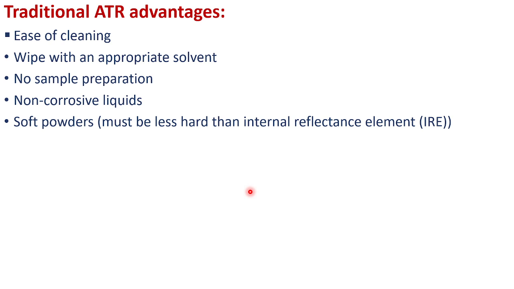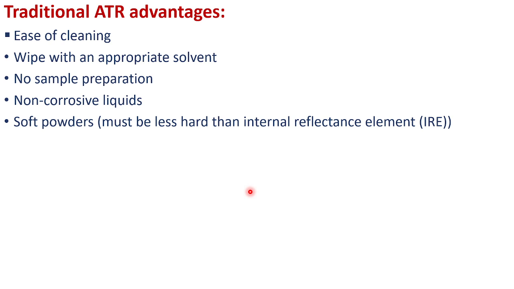Now what are the advantages? It is very easy to clean. After getting the data, you clean it with any solvent. Usually people take IPA, isopropyl alcohol, to clean the surface of that zinc selenide or diamond.